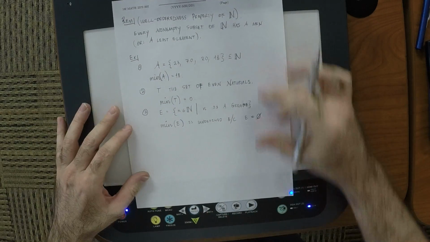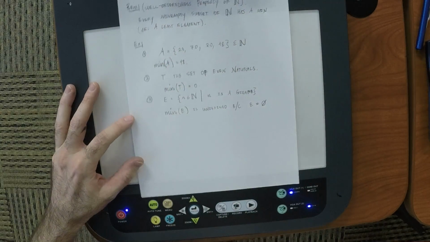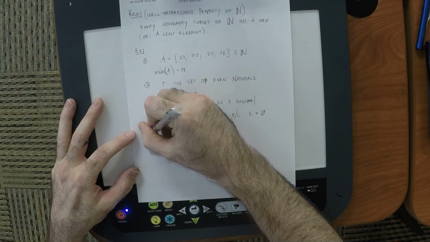Good. So now this property is the reason for things like this.